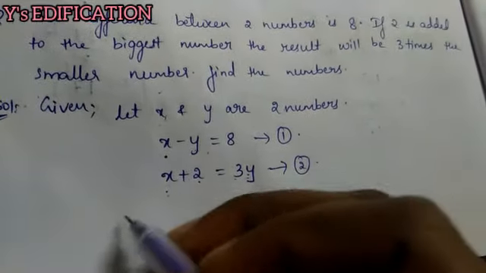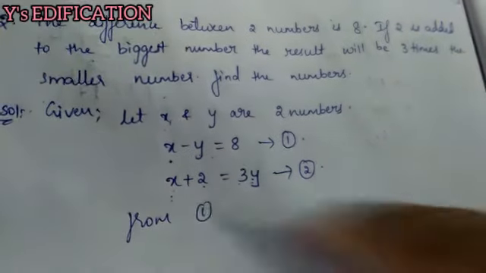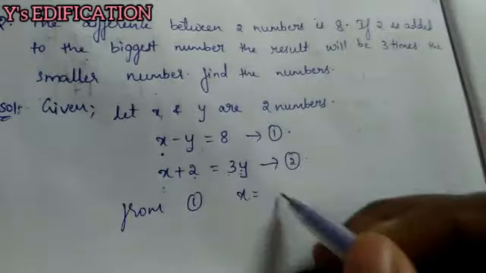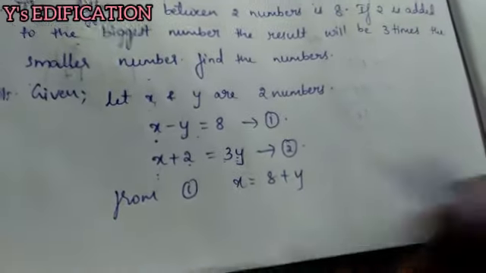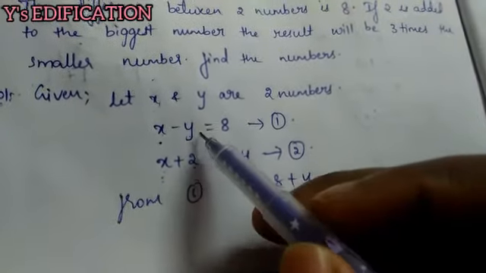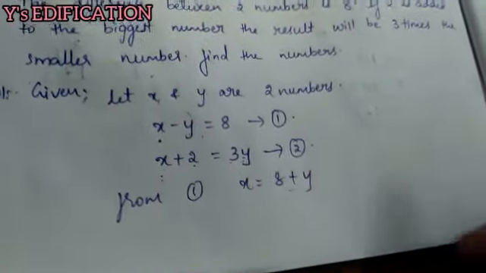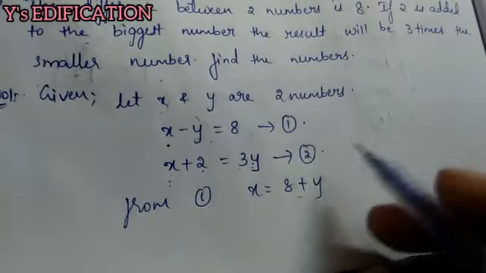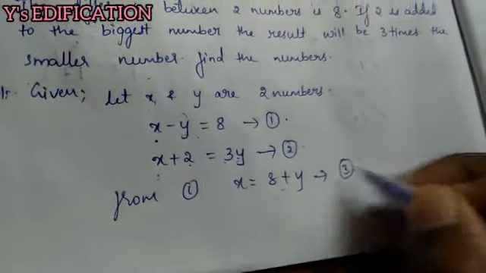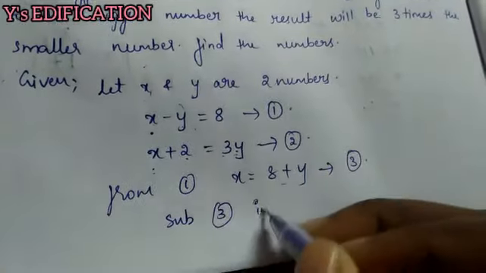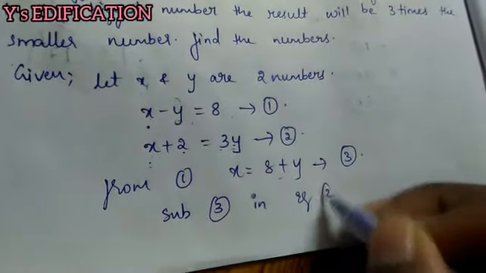So from equation 1 we can derive the value of x. From equation 1, x is equal to 8 plus y. I'm just transposing this minus y to the RHS side. So it became x is equal to 8 plus y. This will be equation number 3. Now substitute equation 3 in equation 2.